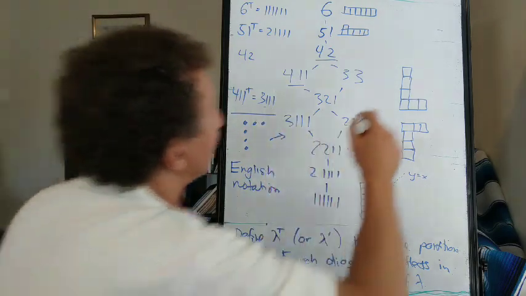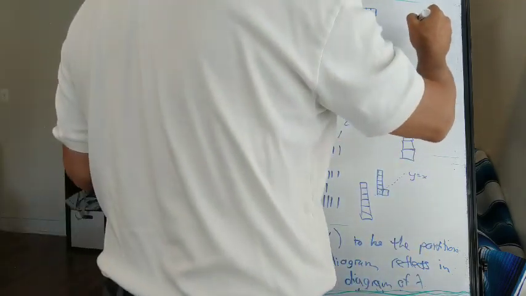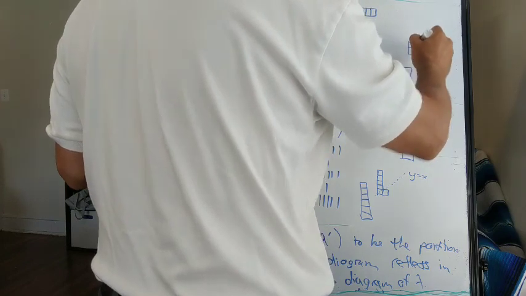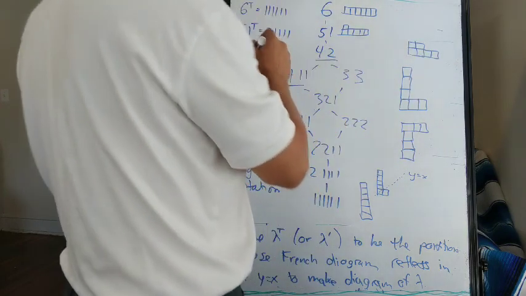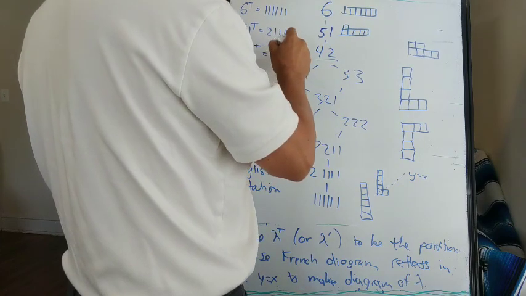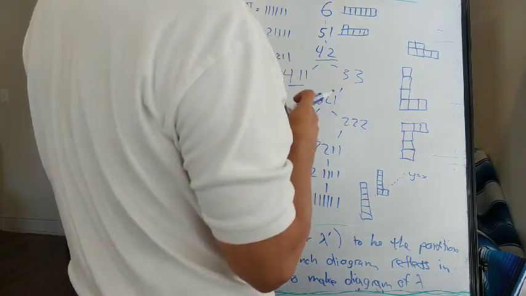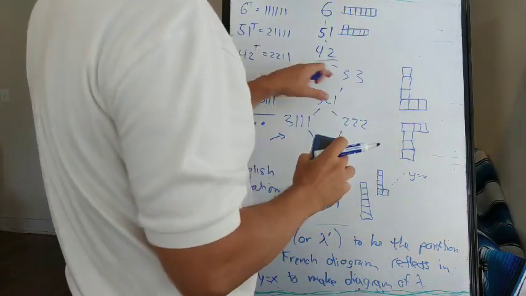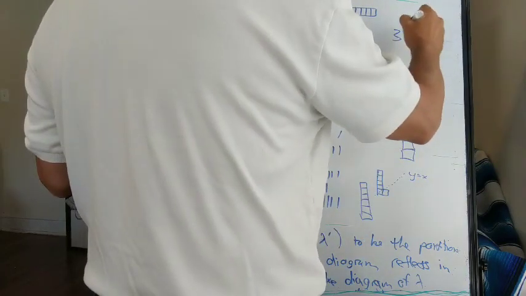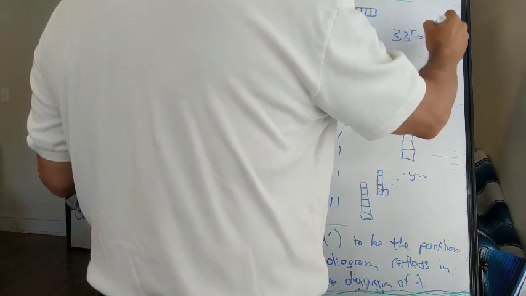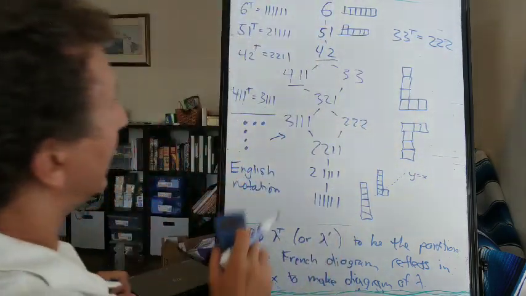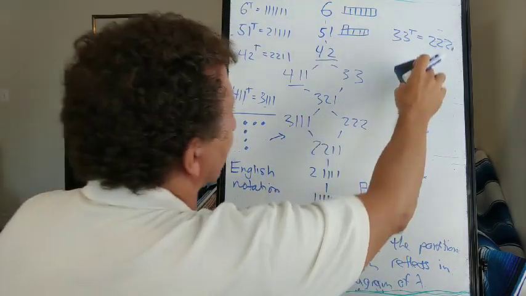4, 2 transpose is 2, 2, 1, 1. 3, 3 transpose equals 2, 2, 2. 3, 2, 1 transposes to itself.